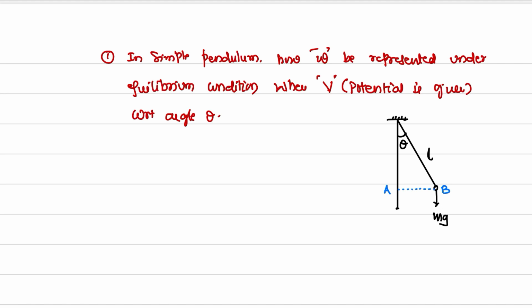The horizontal distance between the vertical position of the bob and the position at angle theta. This, let us say, is A, this is O. OB is equal to L, please try to understand this carefully.